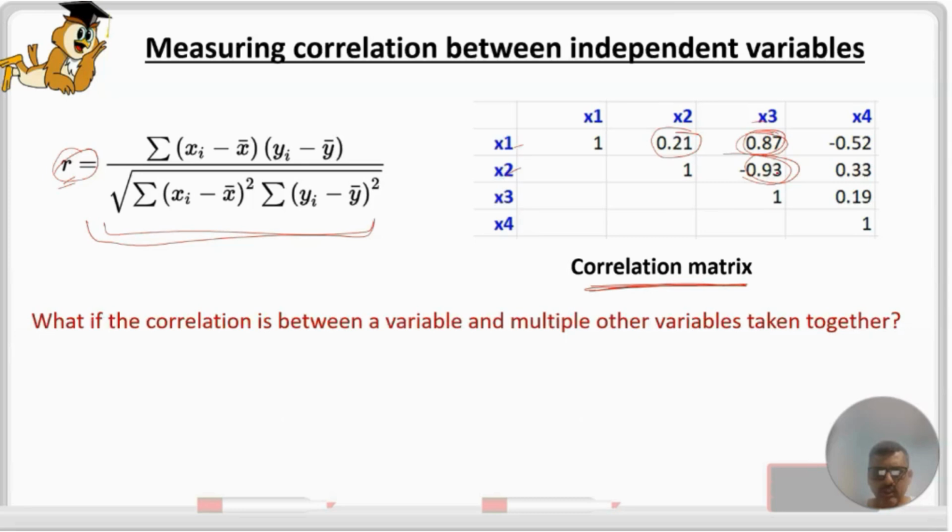But there is more. What if there is a linear correlation between a variable and multiple other variables taken together? Now this is going to be tricky.